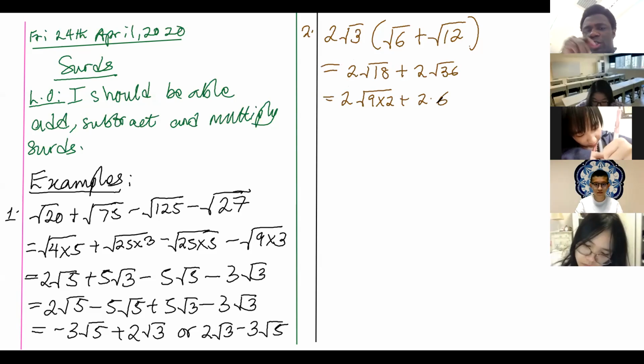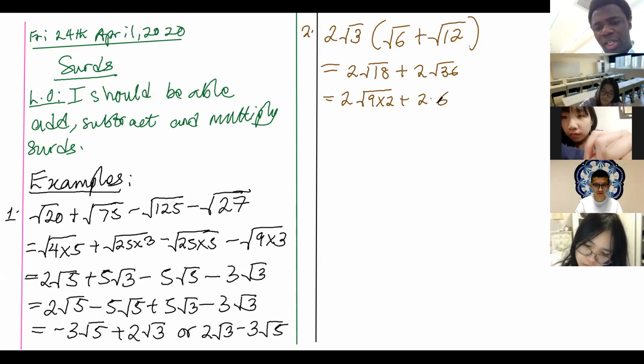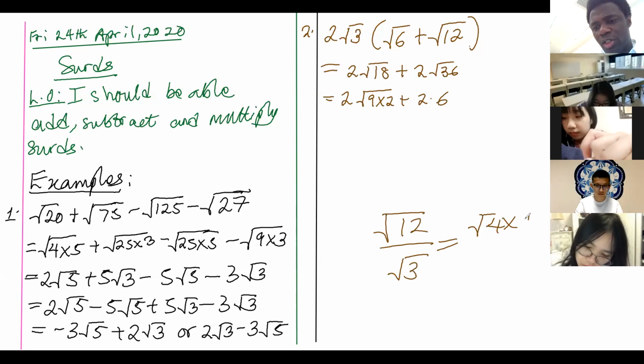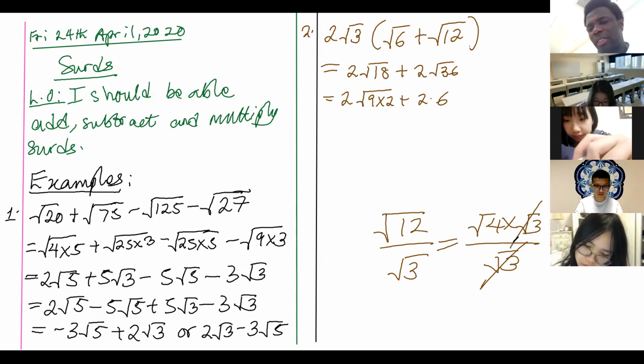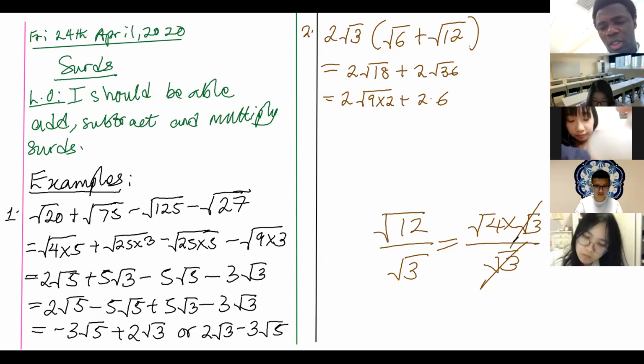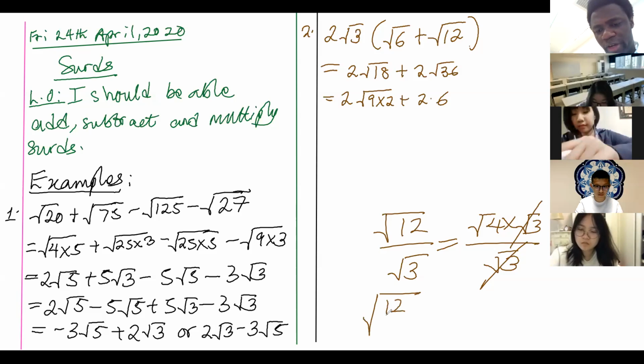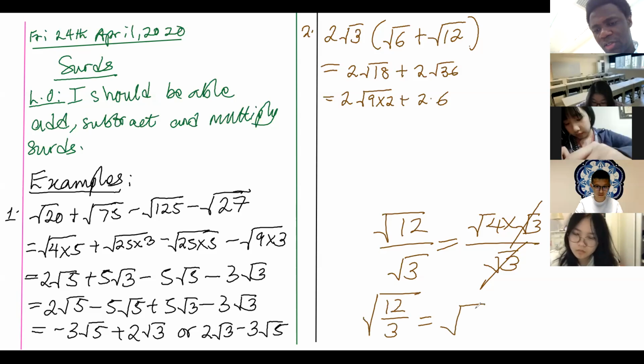Justin, can you see why you don't need to change the 12? Yes. But if this question was maybe root 12 divided by root 3, then you can think about that. Because if you break it into 2, you can actually cancel. Instead of saying square root of 12 divided by 3, which also works.